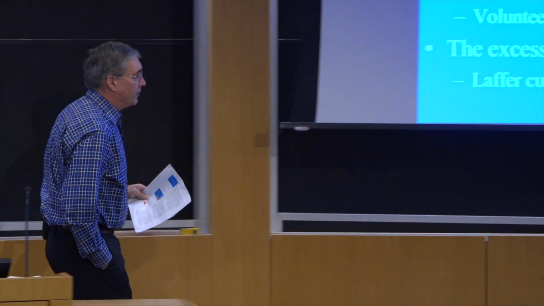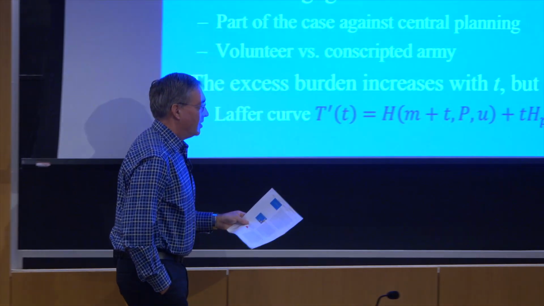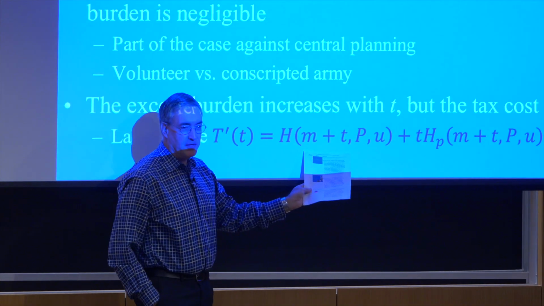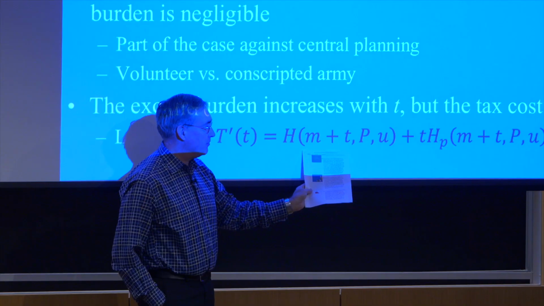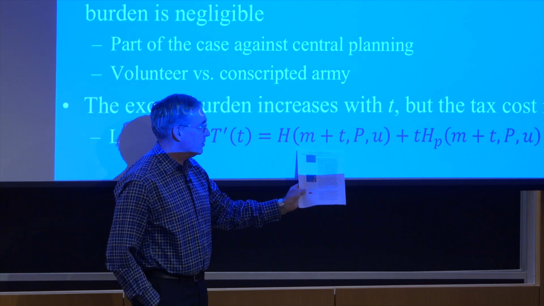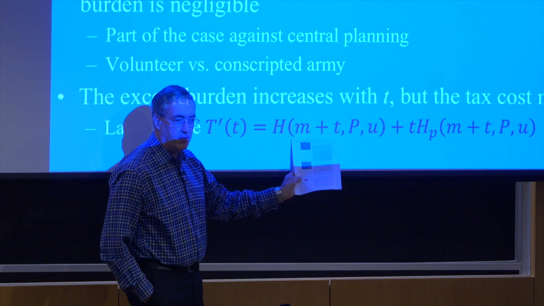And the Laffer curve has two parts of it. When I was in Washington, I heard people call it the static revenue estimate. So this term by itself is called the static revenue because it's how much revenue we would get if we increased the tax and people didn't change their behavior. They kept their behavior at this level.